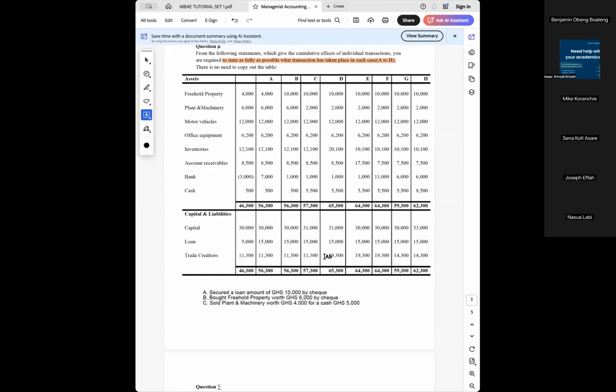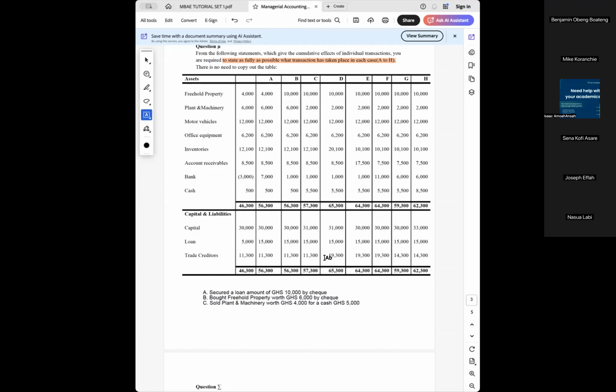Column C, 11,300, and then column D, 19,300. Meaning, the effect, as I see over here, is that they received inventory on credit for 8,000 Ghana cedis.